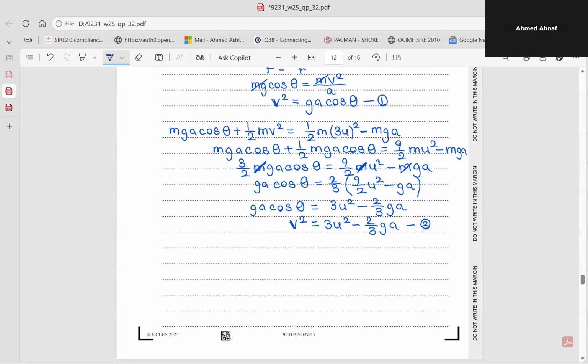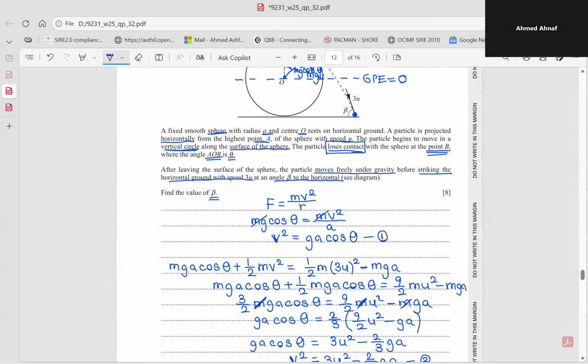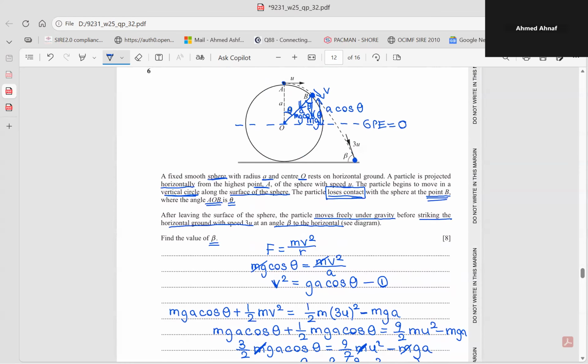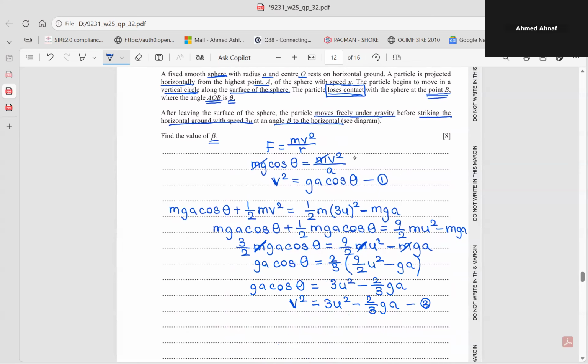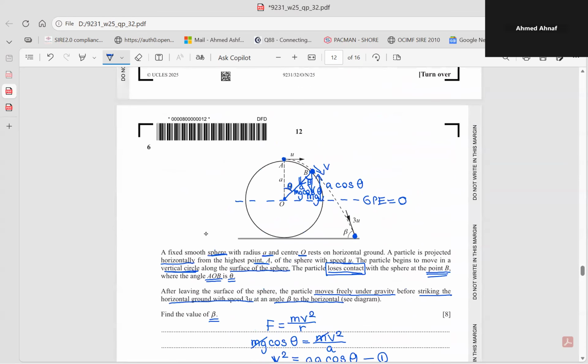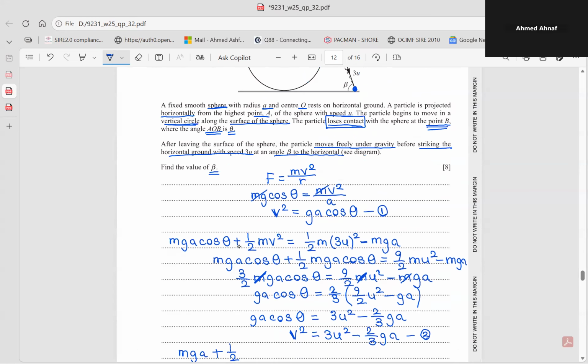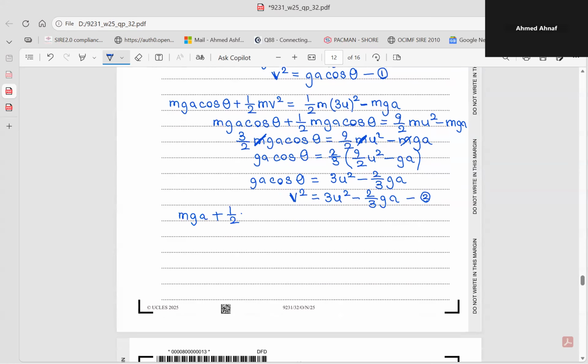Now we're going to equate the energy at A with the energy here. So at A, the GPE is just mGA, and the KE is half mu squared, and that equals half m 3u squared minus mGA.